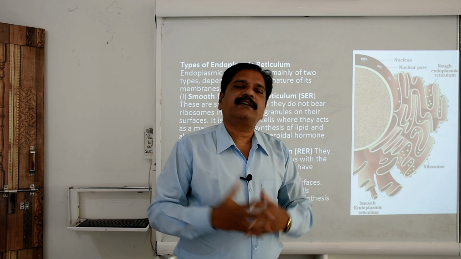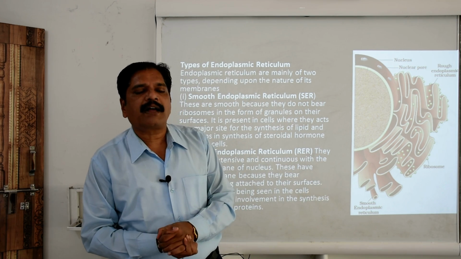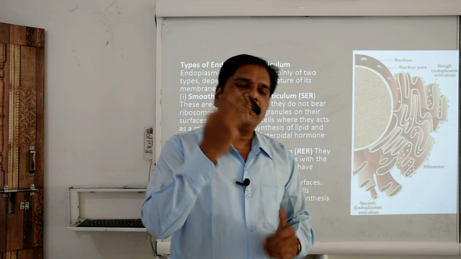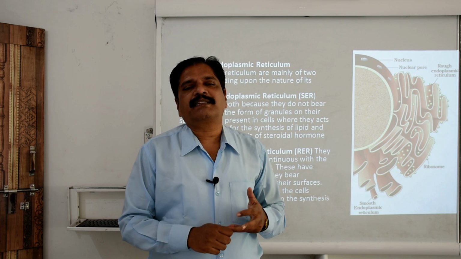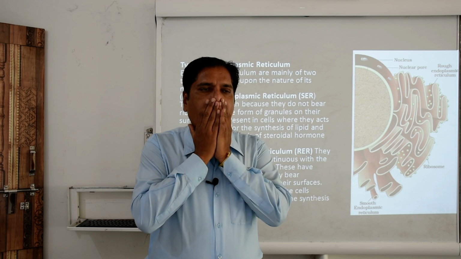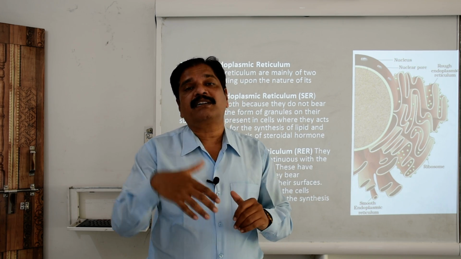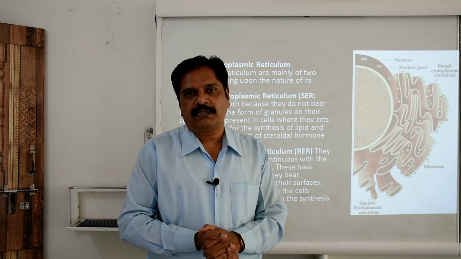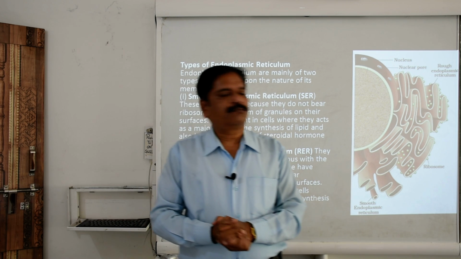When we want to discuss its ultrastructure, it has three features. One is the cisternae, second is the vesicles, and third is the tubules. Vacuolar features are absent in the endoplasmic reticulum, but present in the Golgi bodies, clear. So here you can observe that the third part is the tubule, okay.